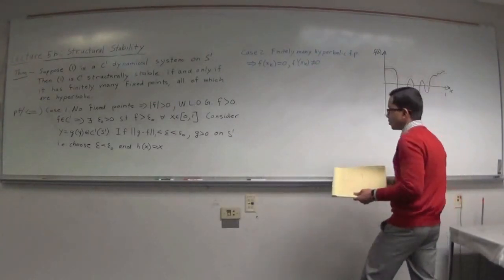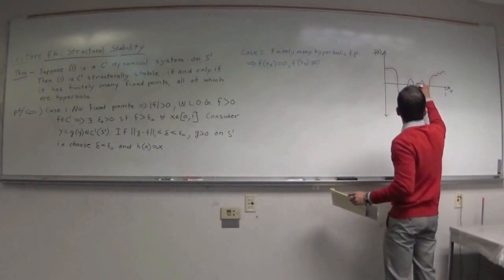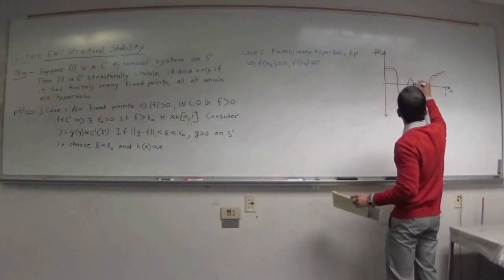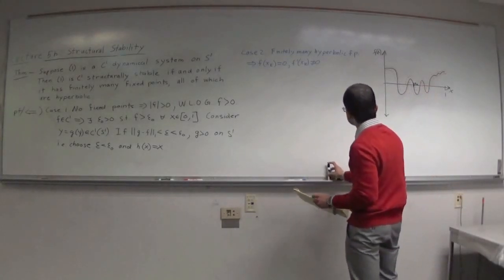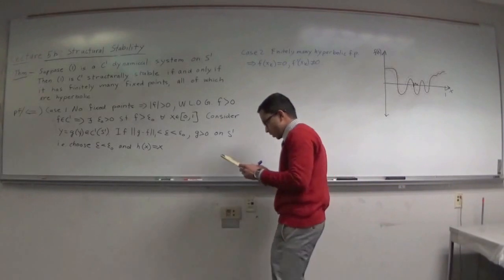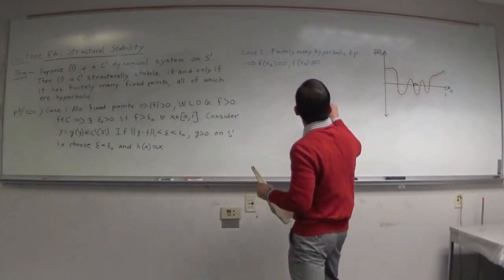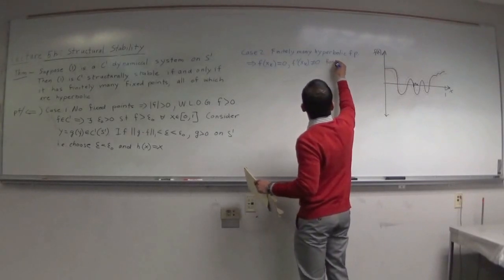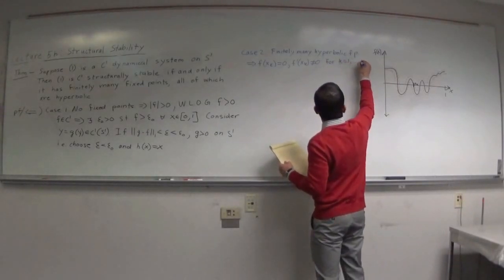Like over here, this would be an x_k. So they're fixed points, and the derivative doesn't equal 0, for k equals 1 to m.